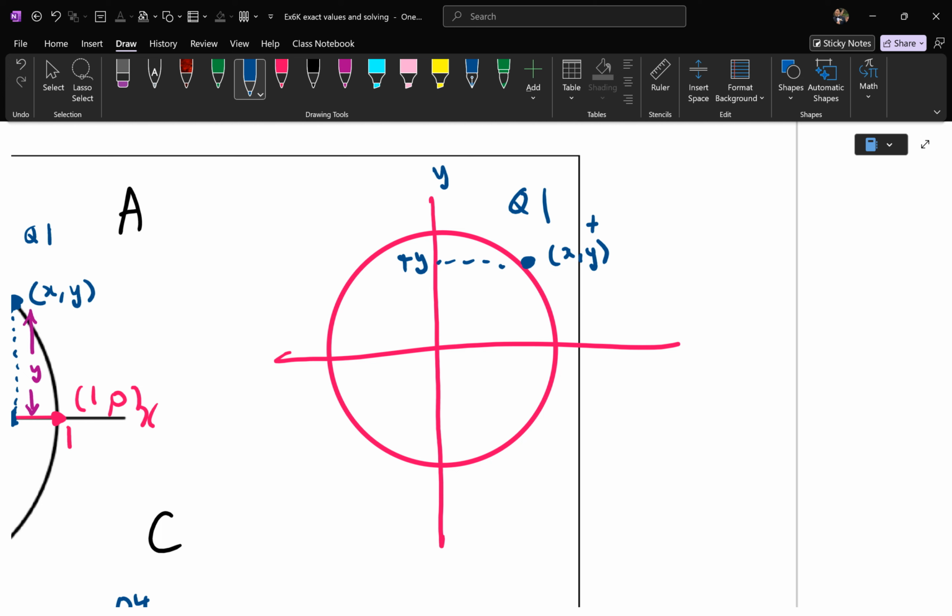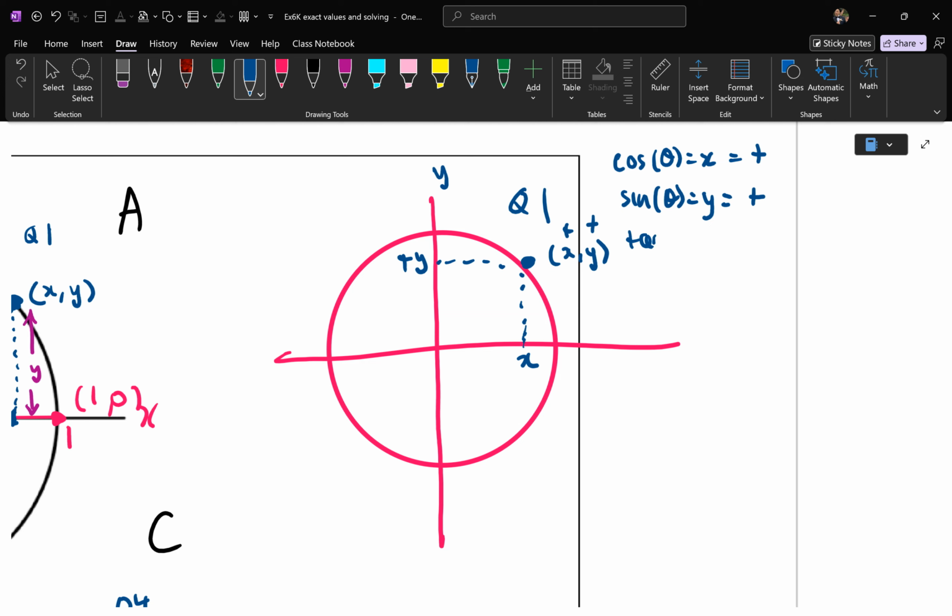So this is positive, and the x values, clearly, that's going to be on the positive x-axis. So this is positive. But we also know cos of theta represents x, we know that's going to be positive. Sine represents the y values, we also know it's positive.